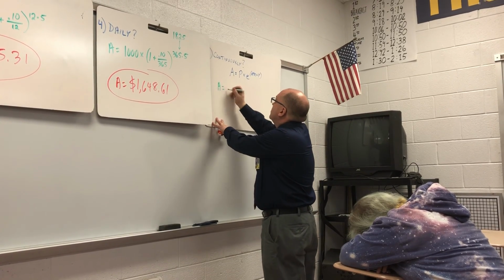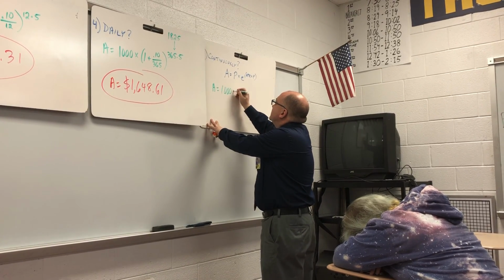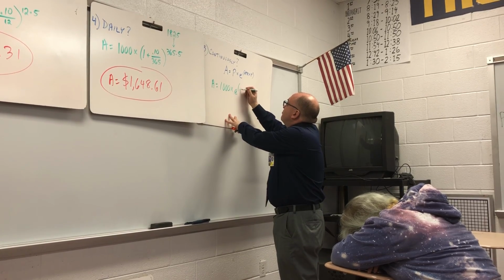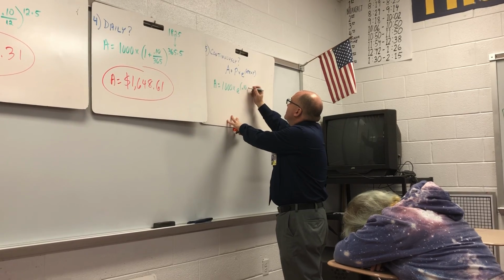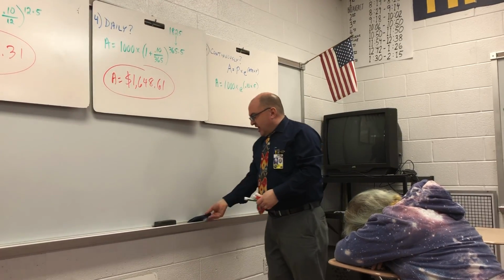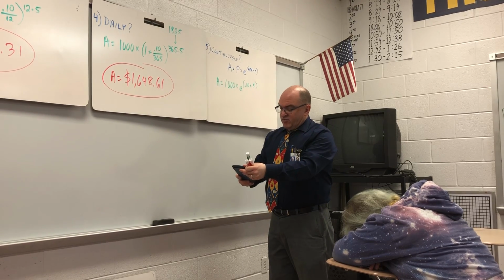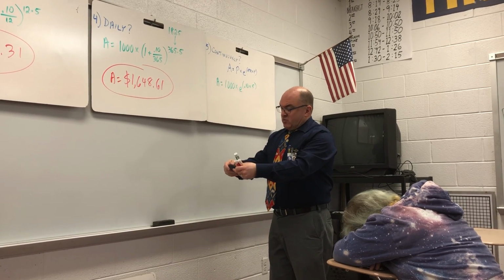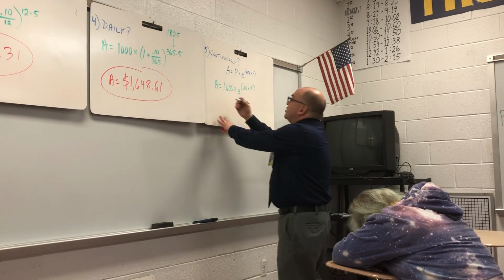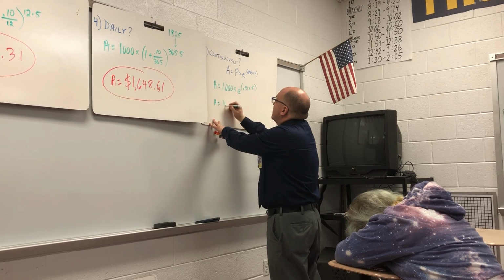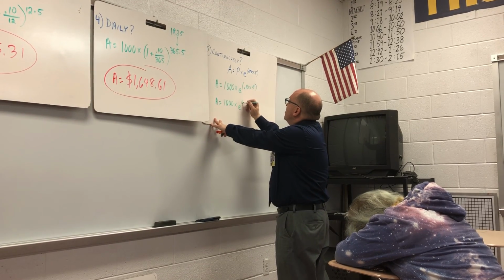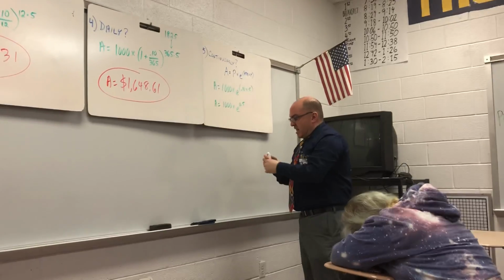A equals 1,000 times e to the 0.10 times 5. What is 0.10 times 5? If you don't know what that is, do it on your calculator. 0.10 times 5 equals 0.5. So you're going to do A equals 1,000 times e to the 0.5 power.